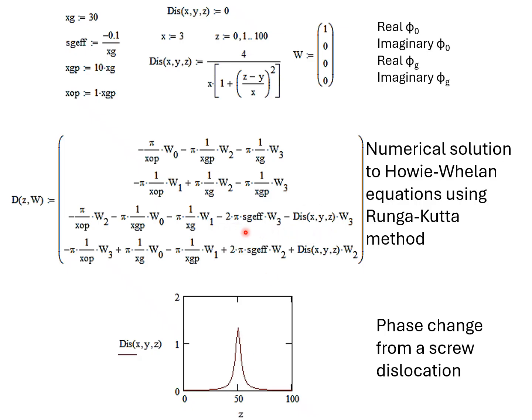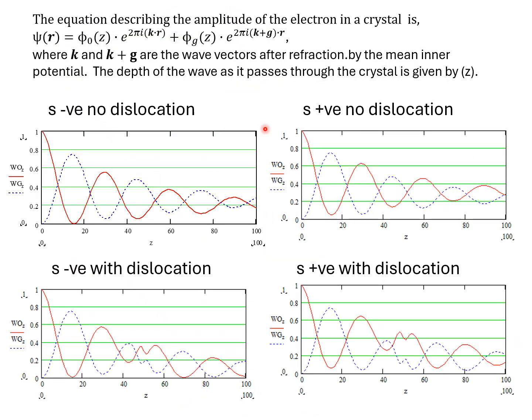And here we have the deviation parameter. So when you do it this way, and this is for a simple case of a screw dislocation, and that's in Hirsch, Howie, Whelan, Nicholson, Pashley. So anyway, you can solve those equations numerically, not analytically, numerically, and get something like this.